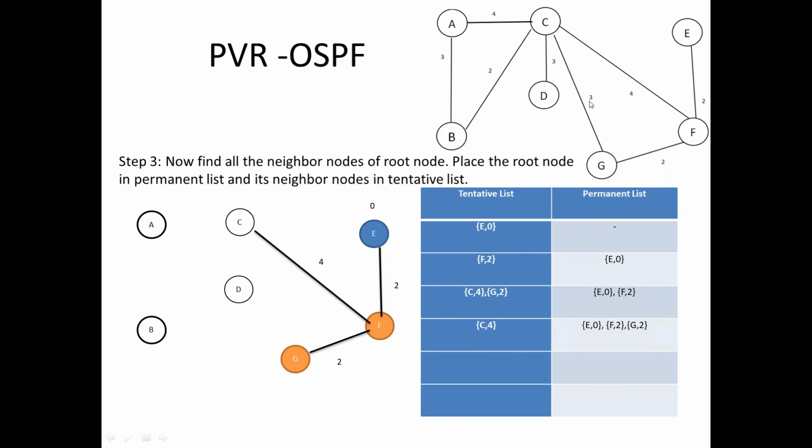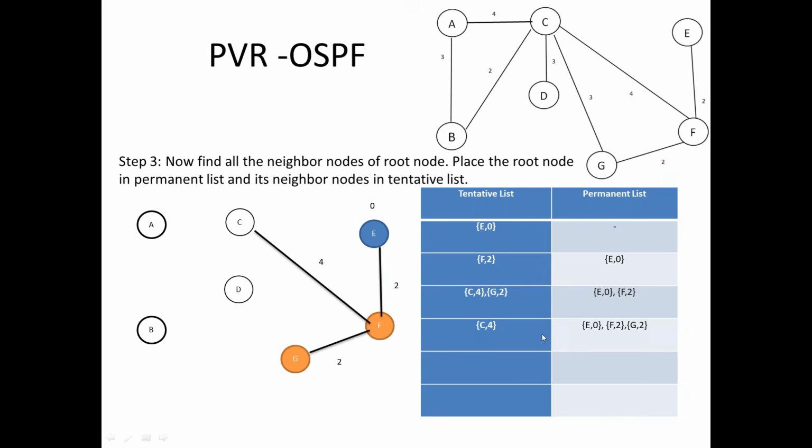So the cost will be 7. So already I have C with a value less than that, with the value of 6. So there are no new neighbors I have to add for G because G is connected only with C and F. So I am moving the value of G to the permanent list from the tentative list. So now I have only one node, that is C, in the tentative list.